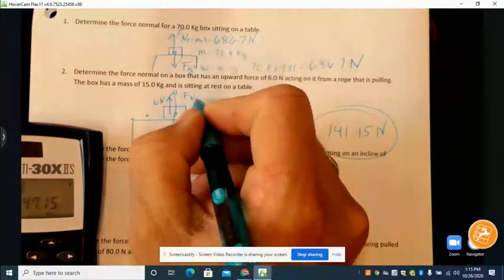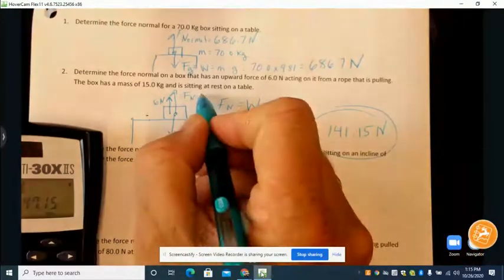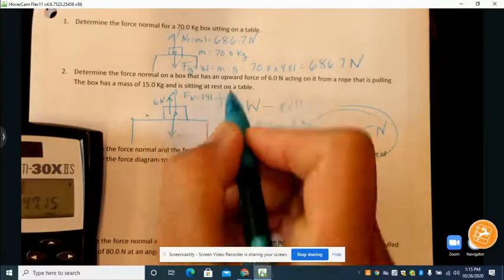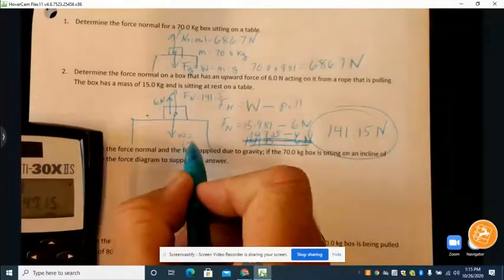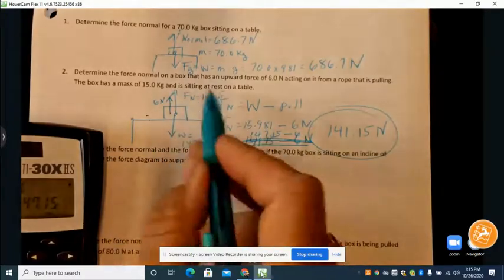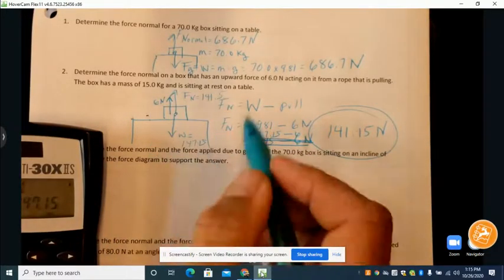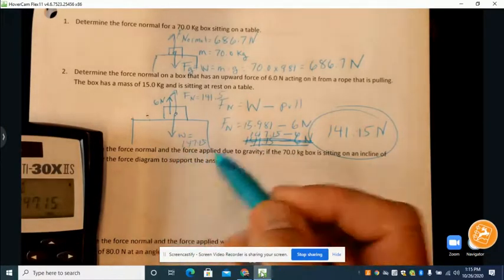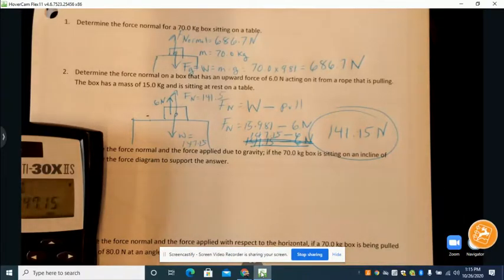And we can go back over and label force normal is 141.15. The weight of the object is 147.15. All of these forces add together to equal 0 because the box is not moving.